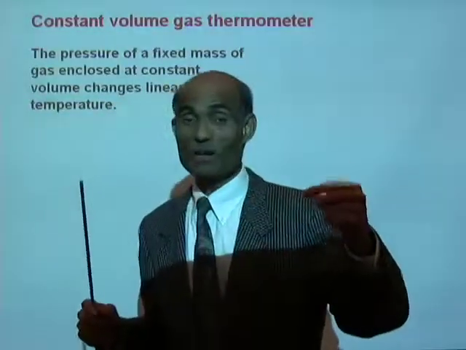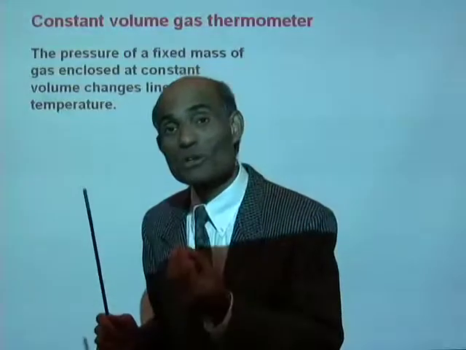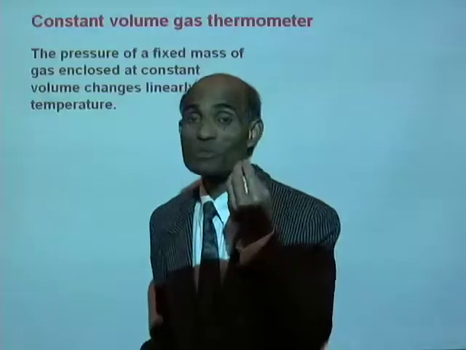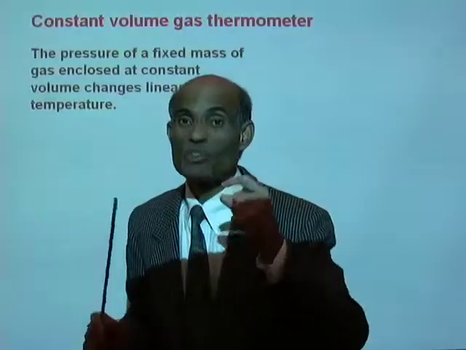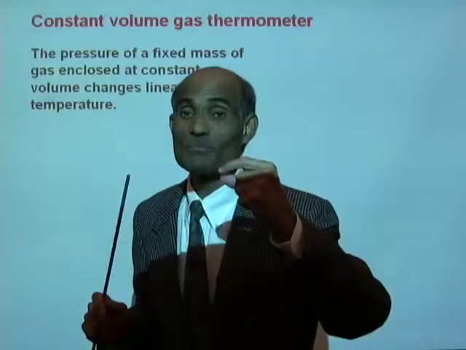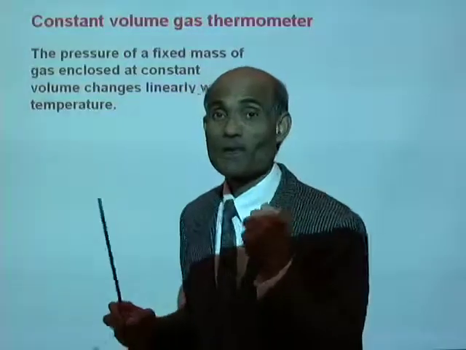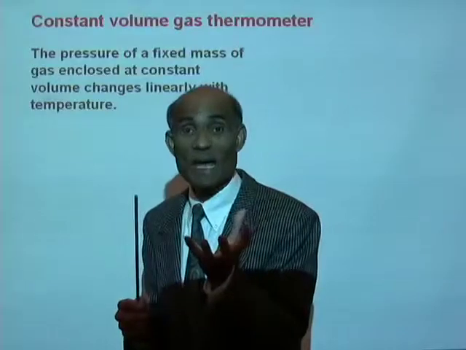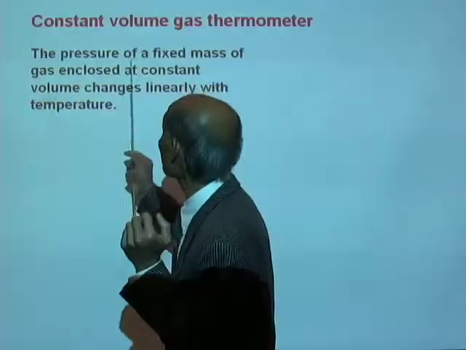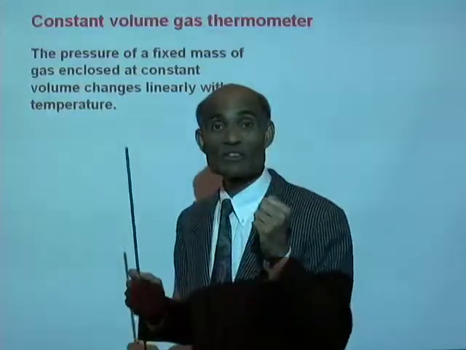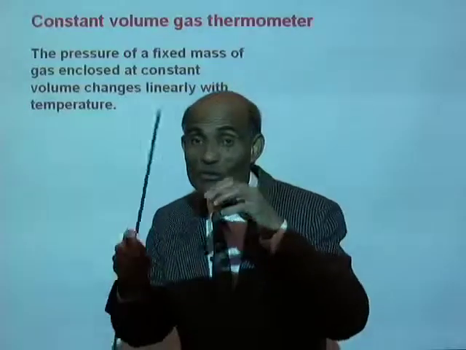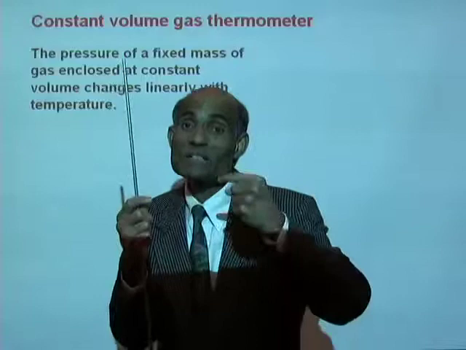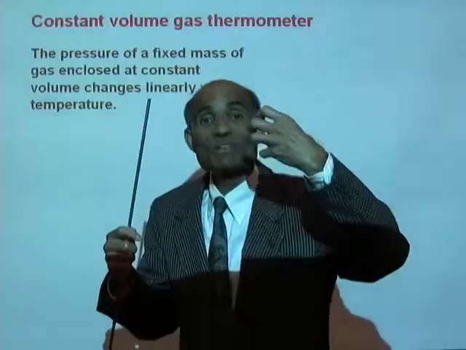Now, so far in constructing the mercury thermometer and alcohol thermometer, the property we were using was the increase in volume with temperature. In the same way, if you use a quantity of gas, the pressure of a fixed mass of gas at constant volume, if you keep the gas at a constant volume and then you heat it, its pressure will increase.